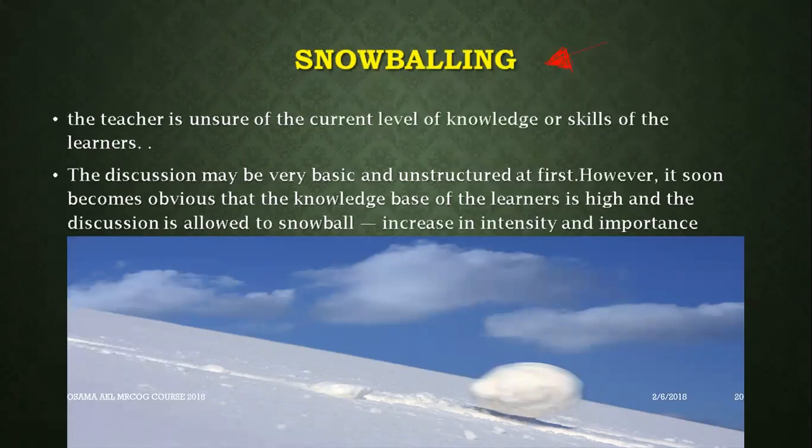Do you know what our curriculum is? This is snowballing. Why do we call this method snowballing? Because the snowball starts small and gradually enlarges while going forward. So we start with a small point. If you know it, I will go to the next step.